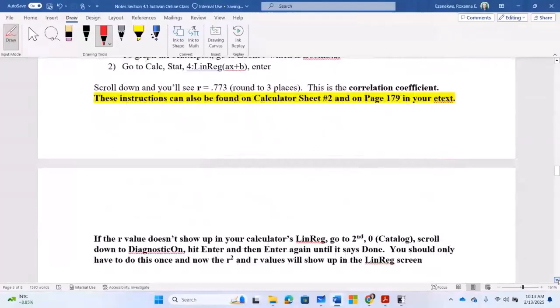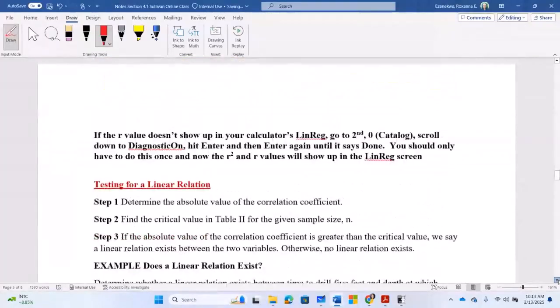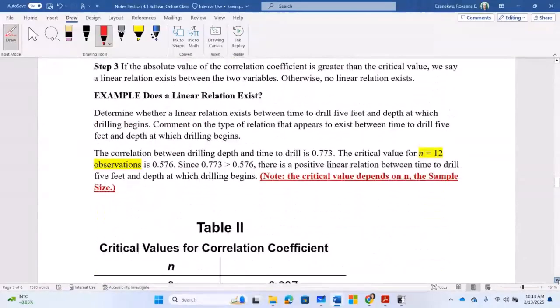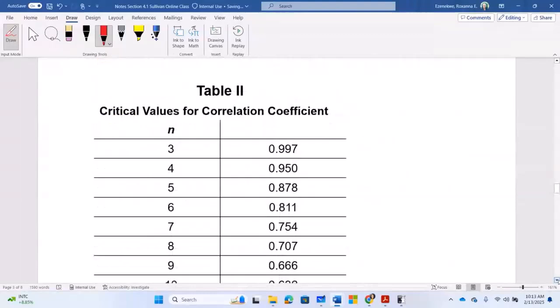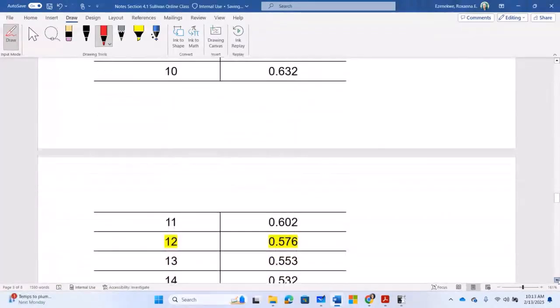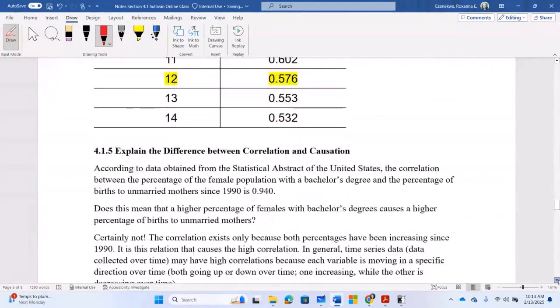We're going to do an example right now. Now we have critical values here. Very soon we shall explain what critical values are, but for now, these are called critical values.